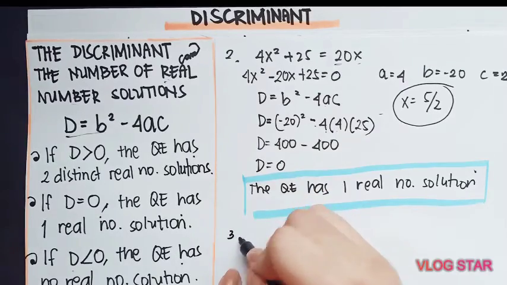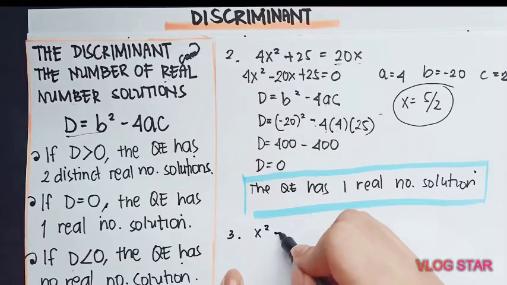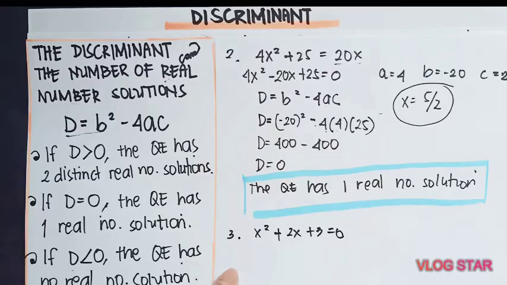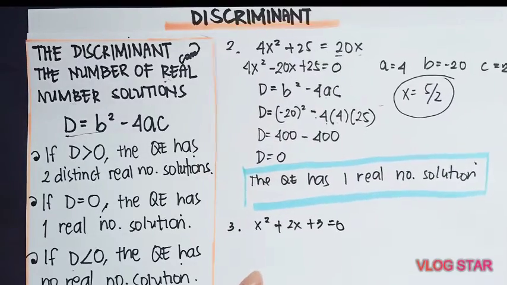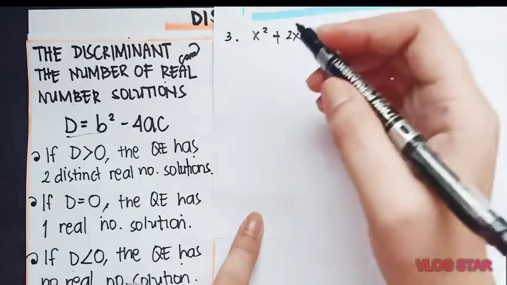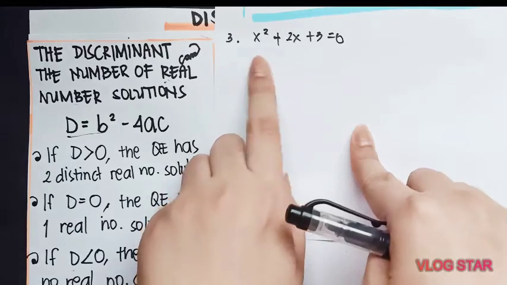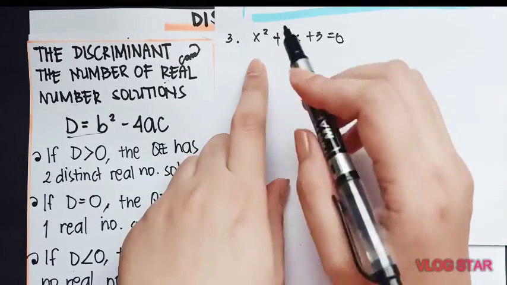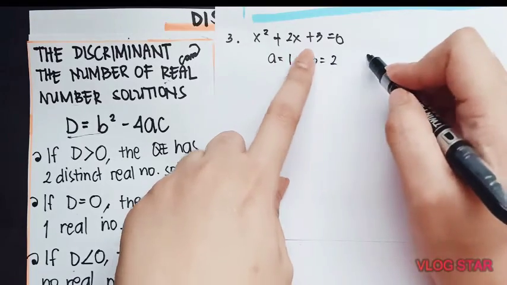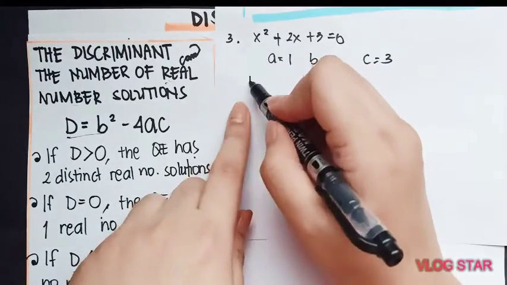Let us have the third example. If we have x squared plus 2x plus 3 equals 0. Okay, let's try this one. Again, let's identify the values of a, b, and c since this is written in standard form. So a here is 1, b is 2, and c is 3. Then use the formula.